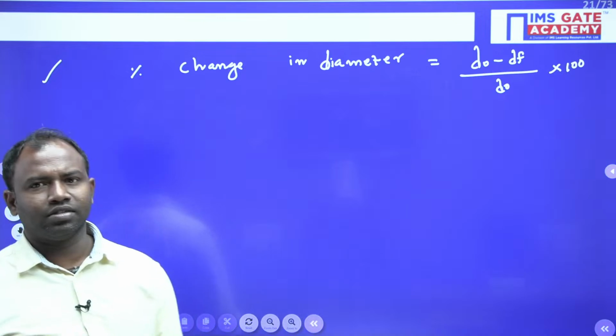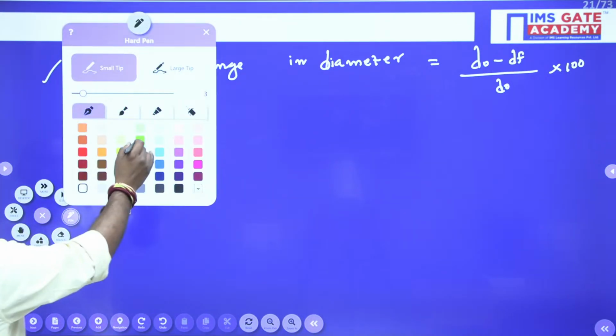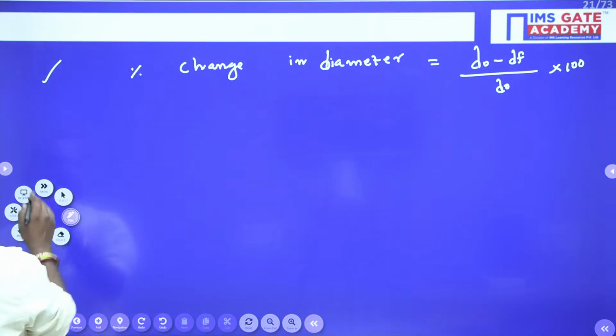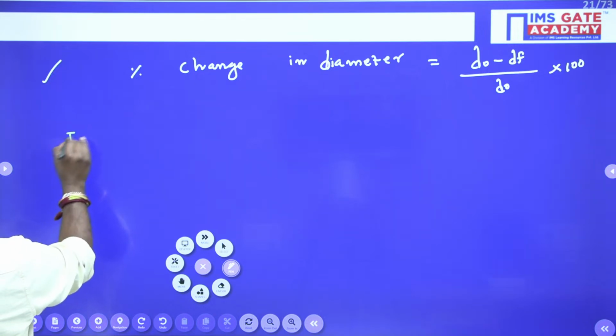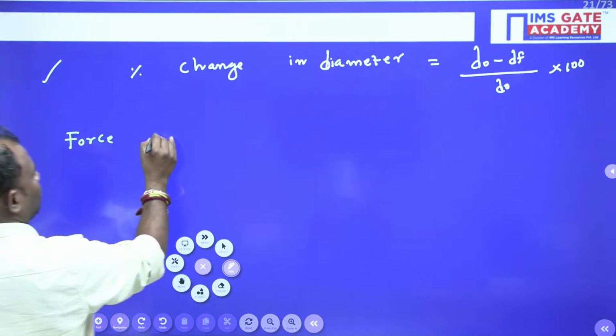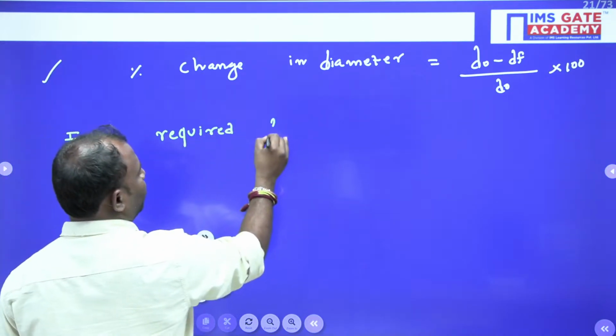Yes guys, right? Now, force required for forging.